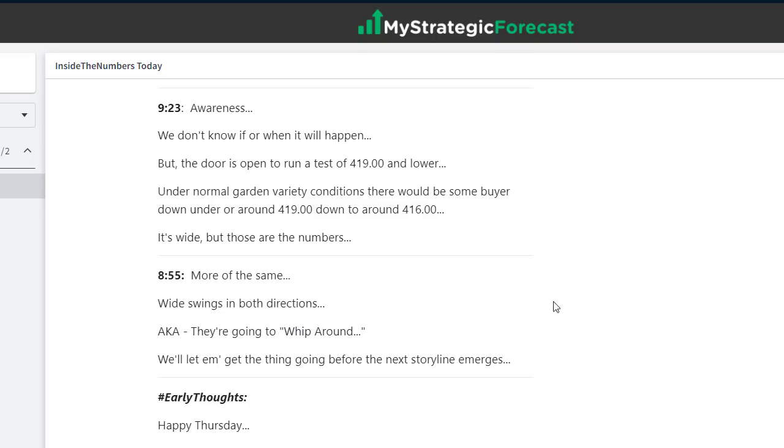Let's scroll up, see what else we have as the day begins to get underway. As the morning grew on and the opening bell grew closer, they were melting away a little bit. So the door was beginning to open for 419 and lower. They didn't get there. They ended up getting as low as 420 and change today, but the door was open. Now, door open doesn't mean they're going there, and you'll see this later in the notes.